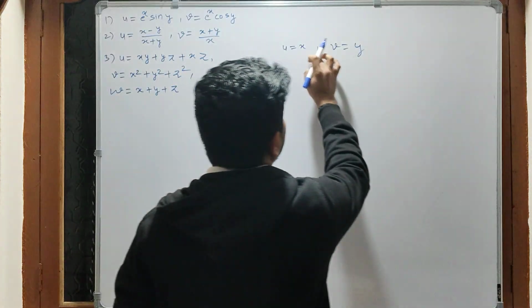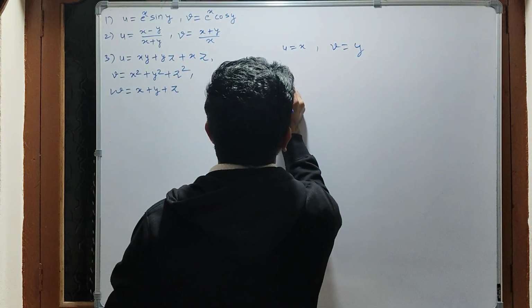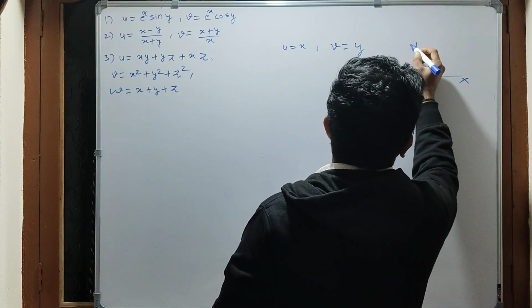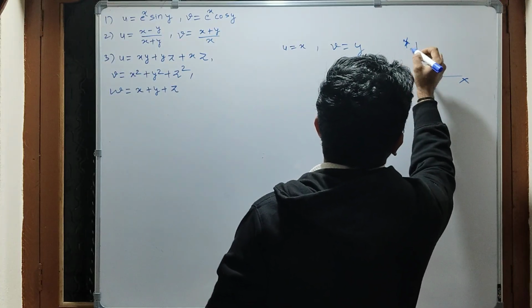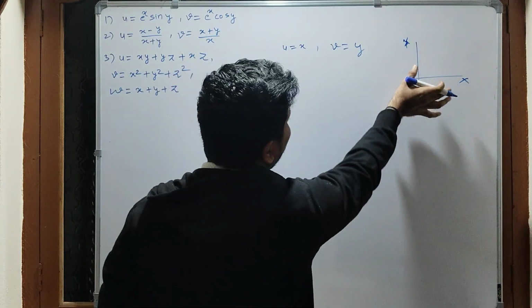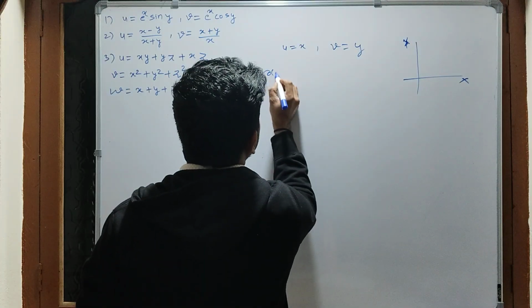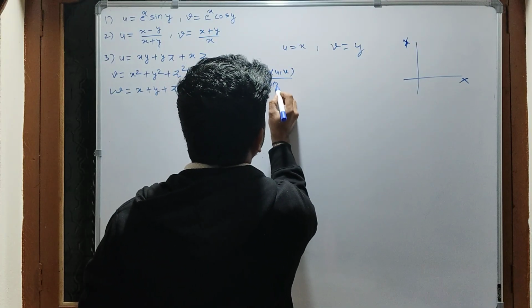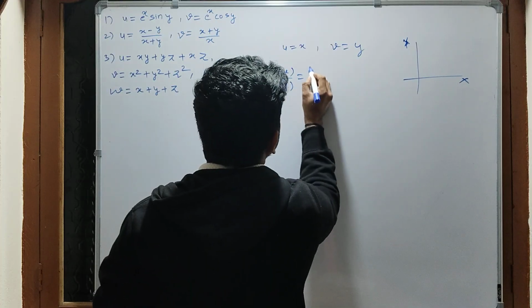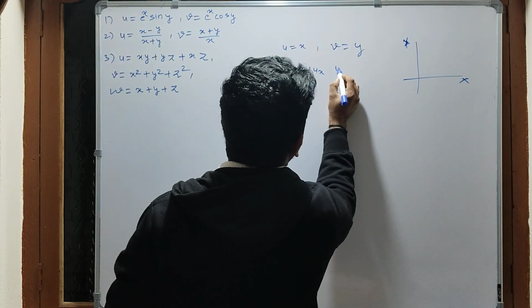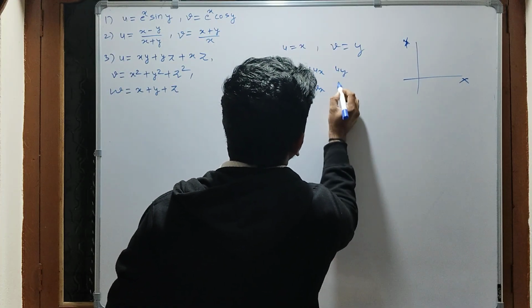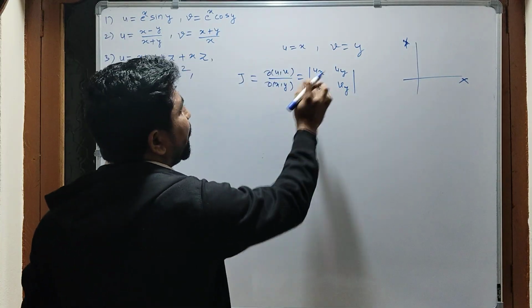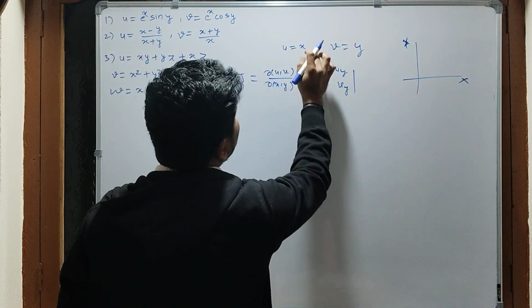Let's say this is my x axis and this is my y axis. Geometrically, just observe, they are not multiples of each other. So the Jacobian of u comma v with respect to x comma y is the determinant of ux, uy, vx and vy. Now how to find ux, the partial derivative of u with respect to x?